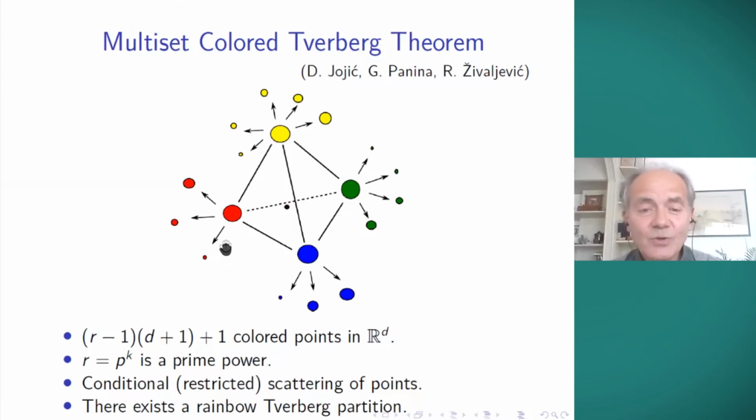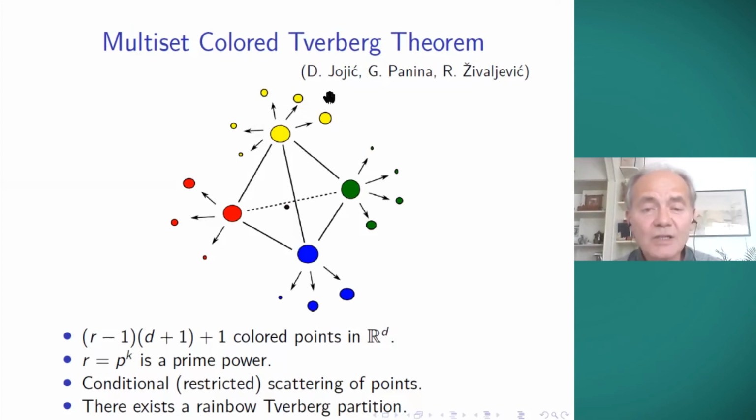Actually, you assume that these clouds are infinitesimally close, that the points are very close to each other, so close that you don't distinguish them. And they are allowed to scatter in clusters. So each color has R minus 1 points, and then I will explain in the next slide exactly what kind of clusters are allowed.